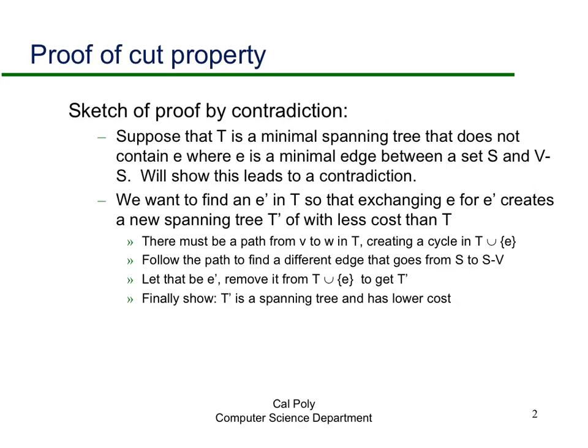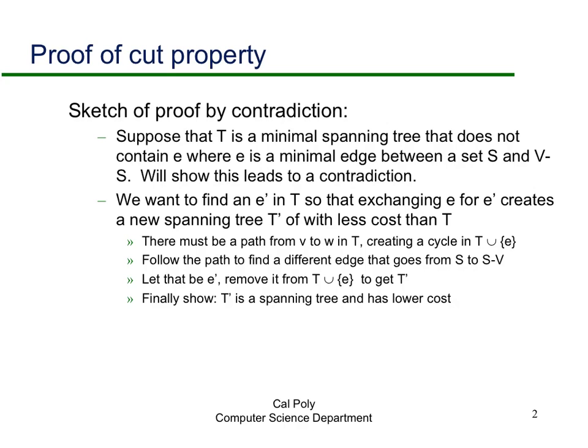Well, again, if you look back at the picture, if we add e to T, that will create a cycle. Because remember, T was a spanning tree, which means that there's a path from any vertex v to any other vertex w.